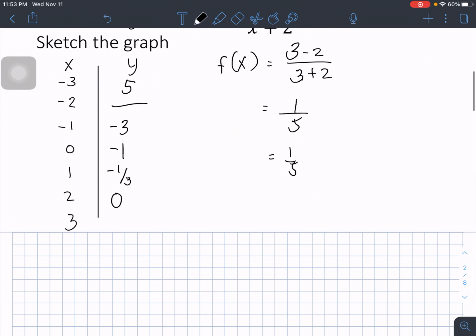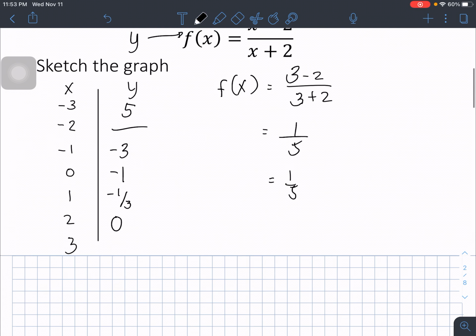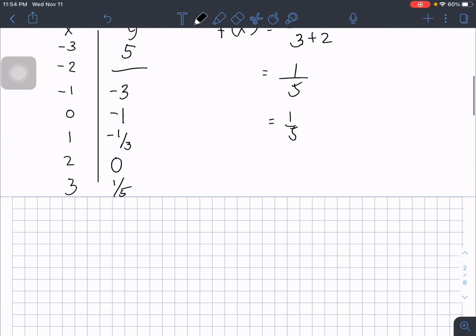So we would like to draw a graph given these values. Okay, so I'll be having a graph here.